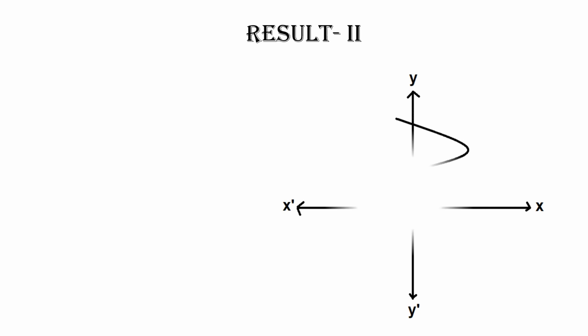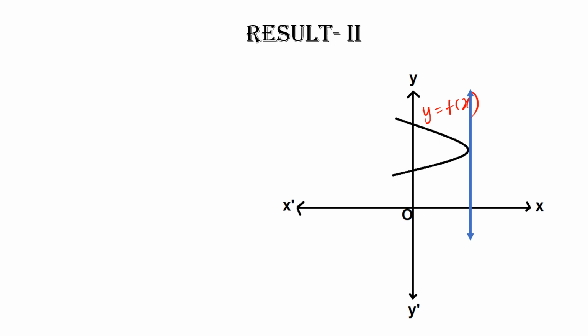Result 2. Consider the graph of the curve y is equal to f of x. Draw a tangent line to the given curve. Assume that the tangent line is parallel to the y-axis.